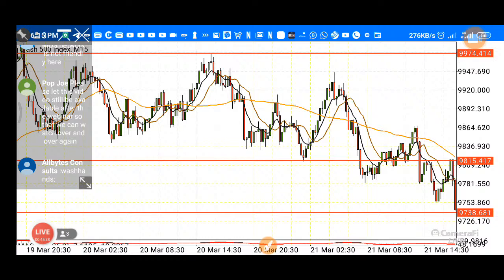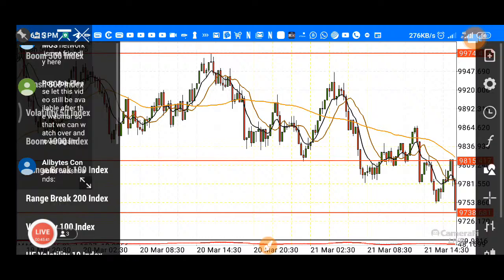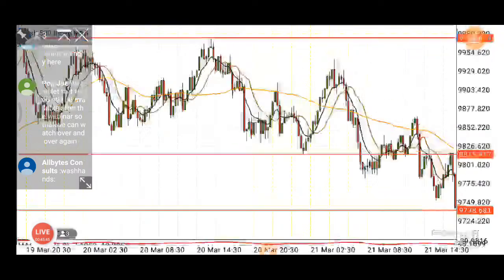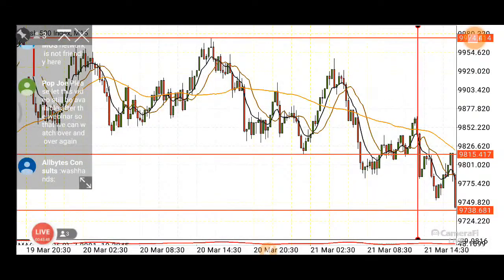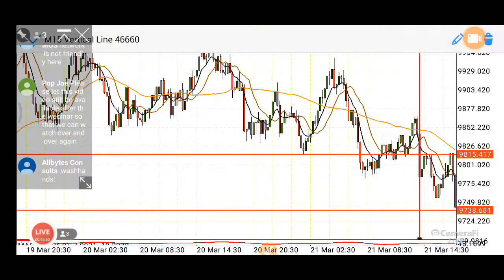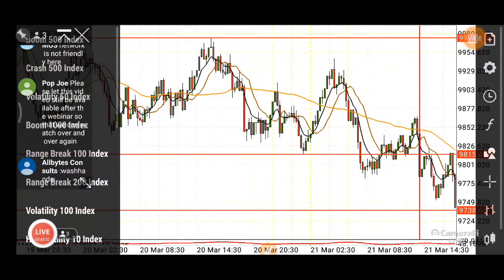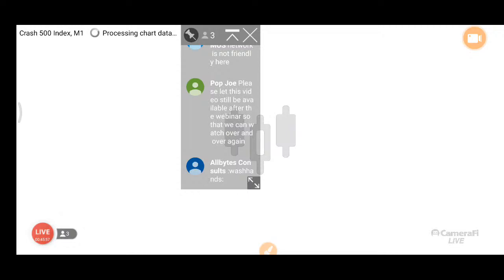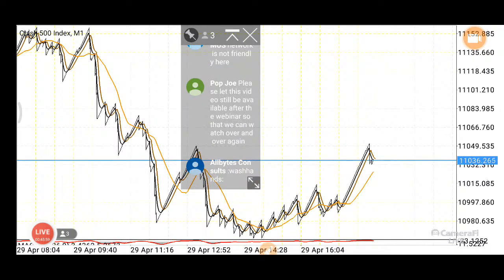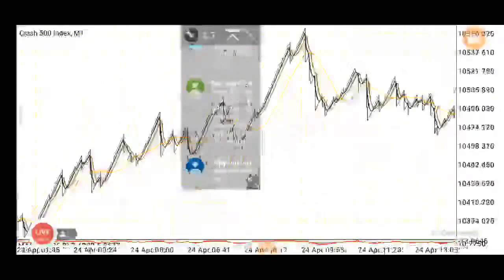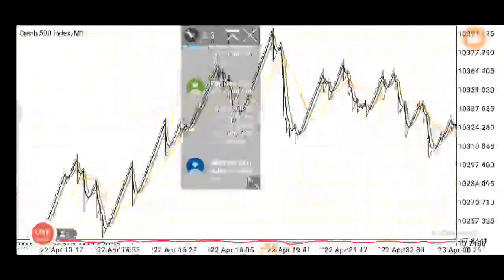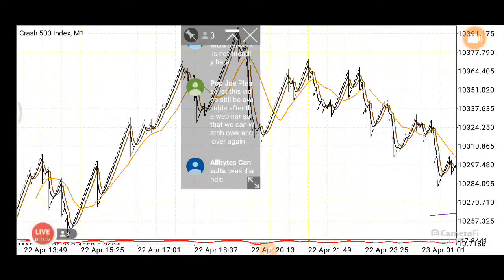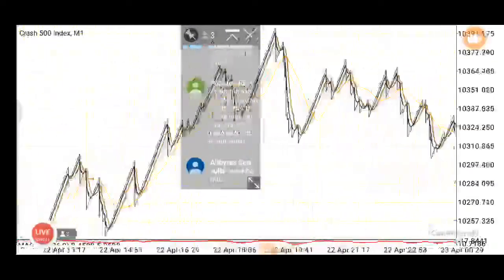Note that I would have gone back to, okay, let me go to 1 minute and check. So on this candle, this thing is not loading now.